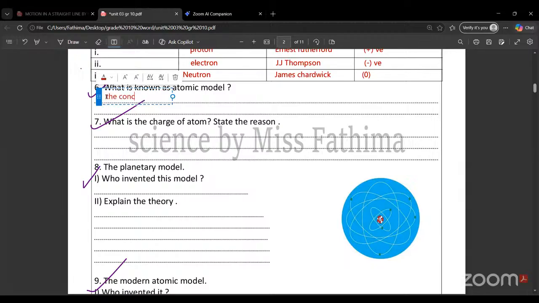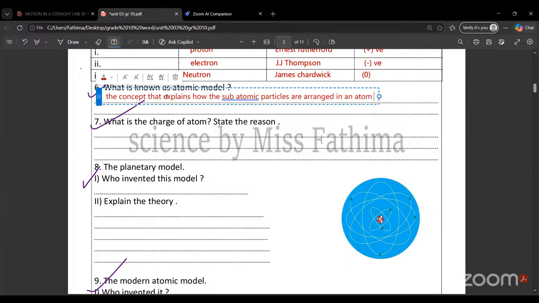The concept that explains how these subatomic particles are arranged in an atom.